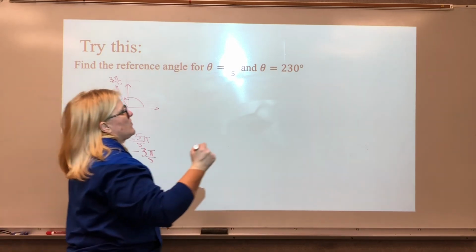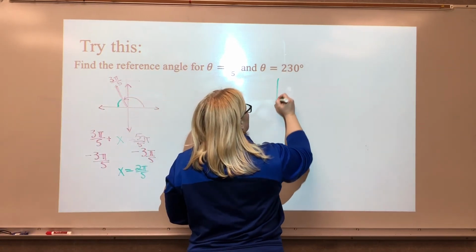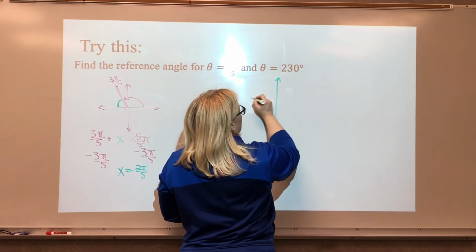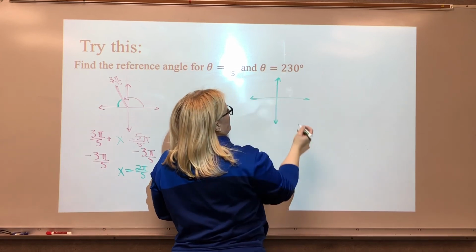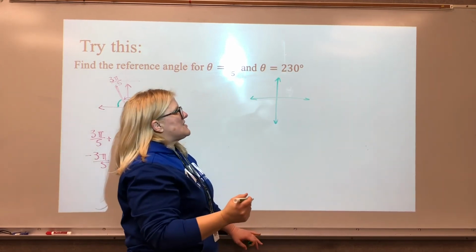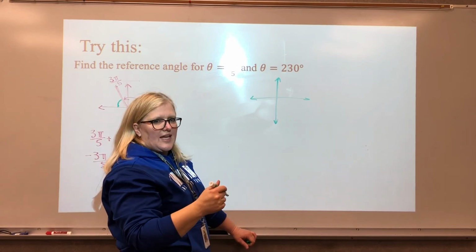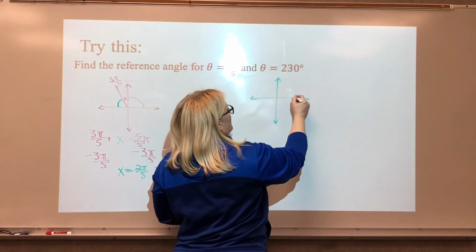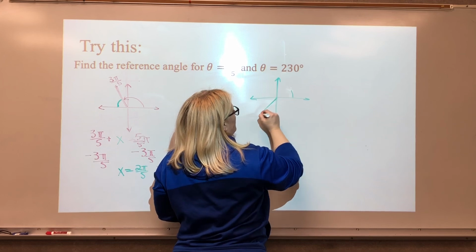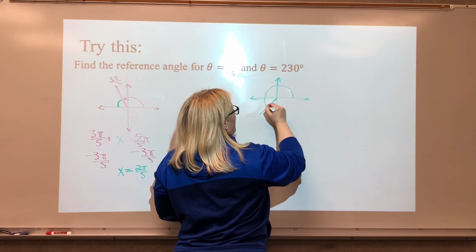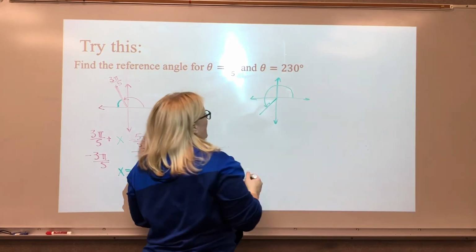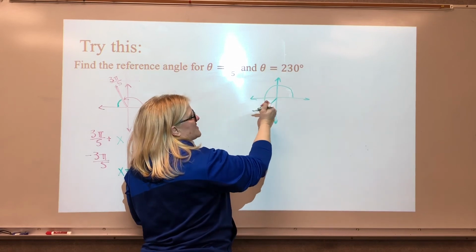All right, and 230 degrees. 230 degrees is a little bit past 180, but not quite to 270, so it's going to be in here somewhere. And remember, my reference angle is trying to get to the x-axis the quickest.